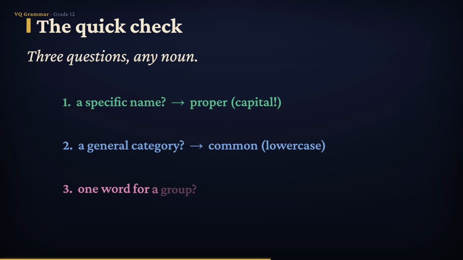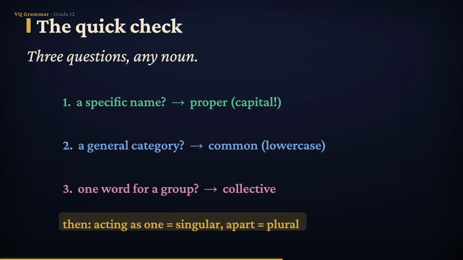Three. Is it one word standing for a whole group, like team or committee? Then it's collective. And once you spot a collective noun, ask the follow-up. Is the group acting as one, which calls for a singular verb, or are the members acting apart, which calls for a plural verb? Ready to practice?